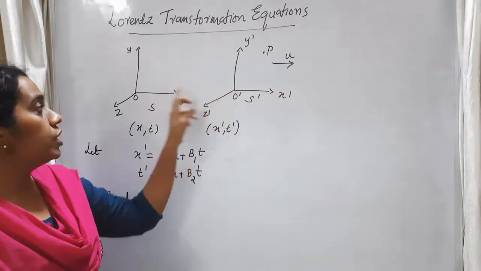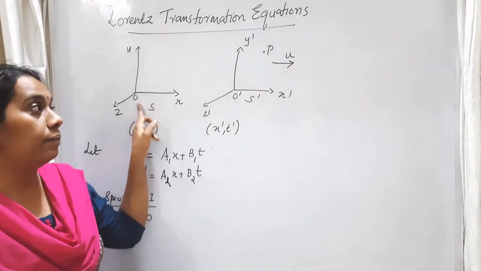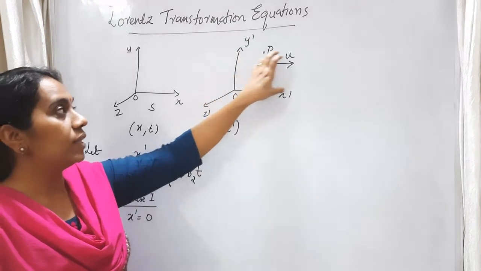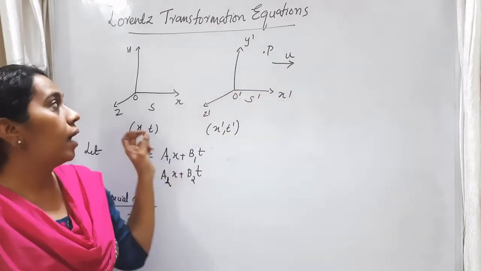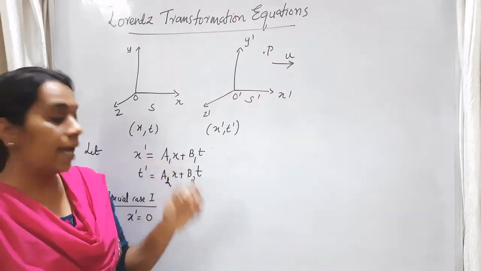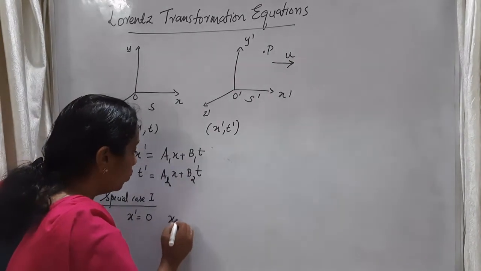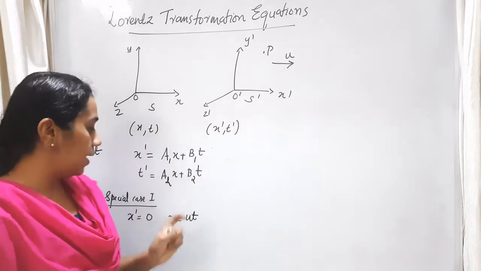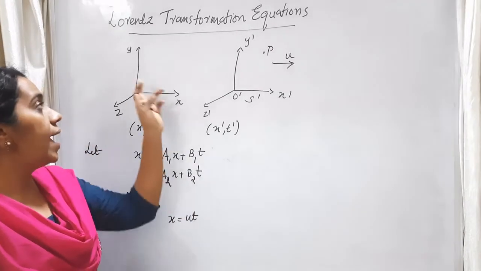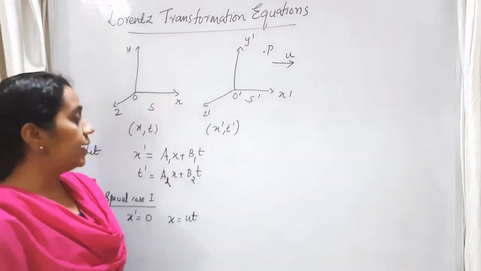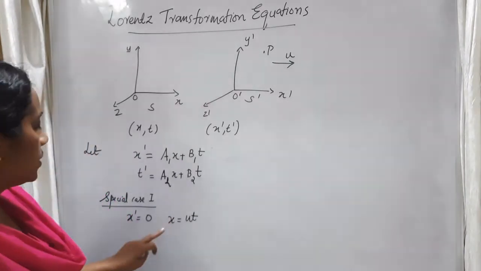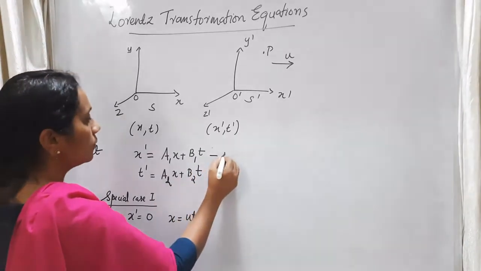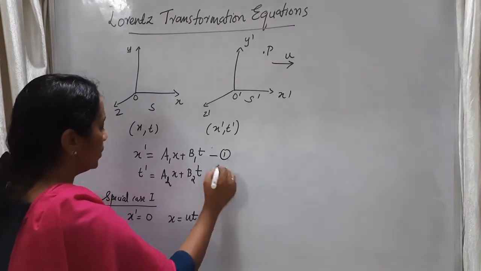Now, how about the position measured by the observer in the S frame? You know that since this S dash frame is moving with a velocity u, at time t the position can be written as x is equal to u into t, as measured by an observer in the S frame. So let us substitute this in equation 1.